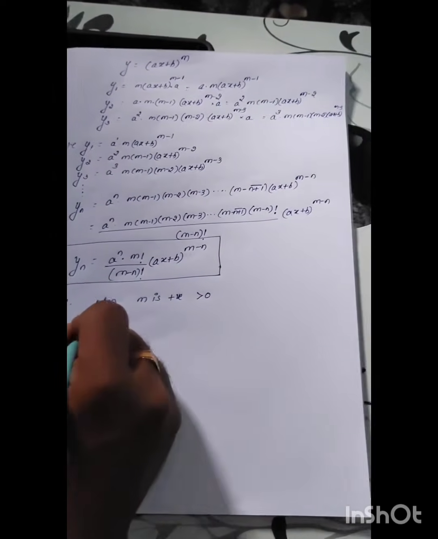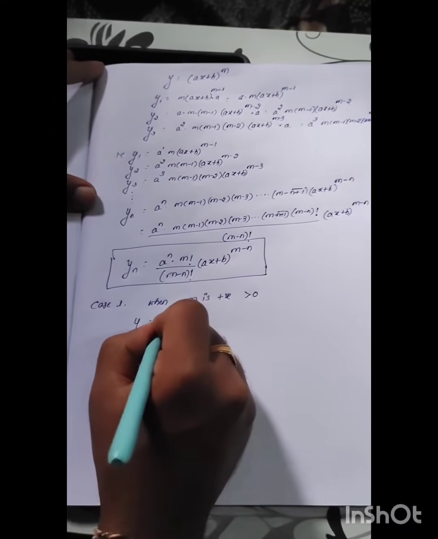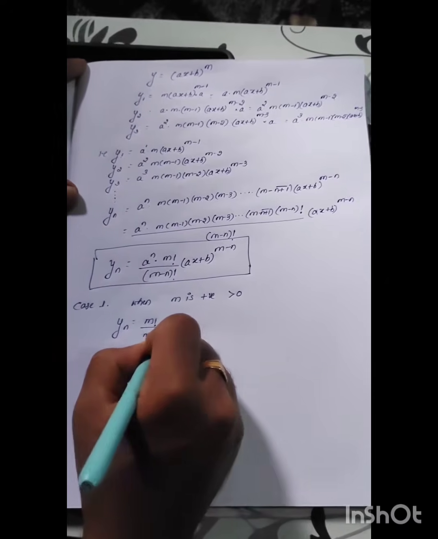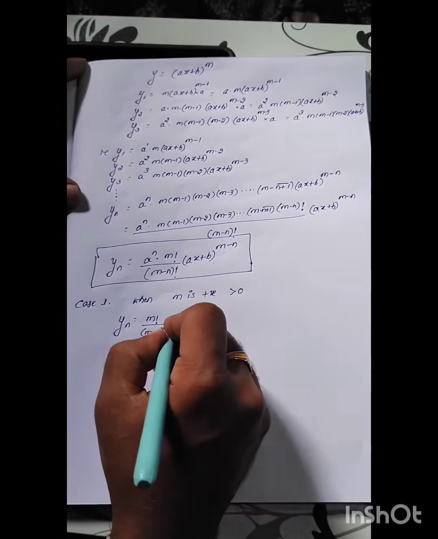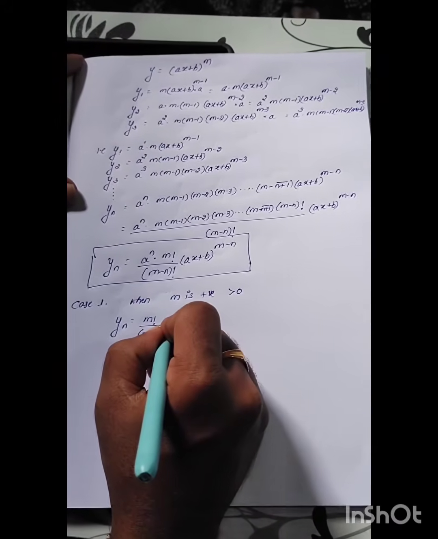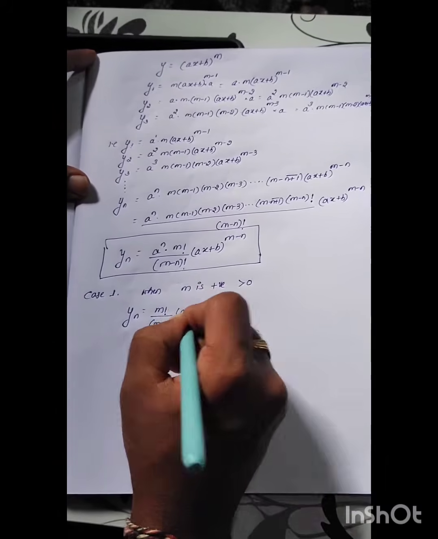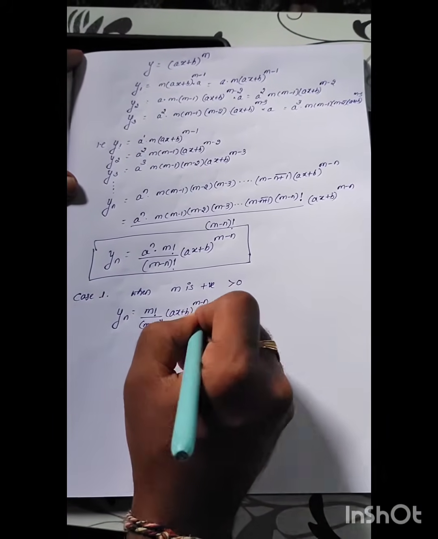When m is positive, it is very simple, the same holds good, that is m factorial divided by m minus n factorial into a power n into ax plus b raised to m minus n.